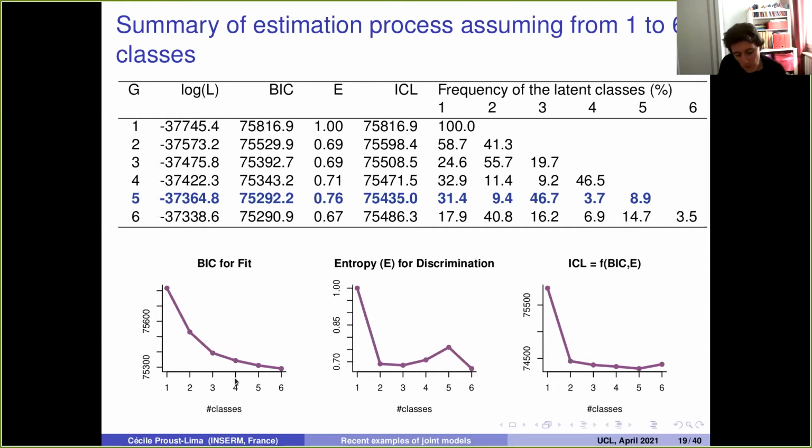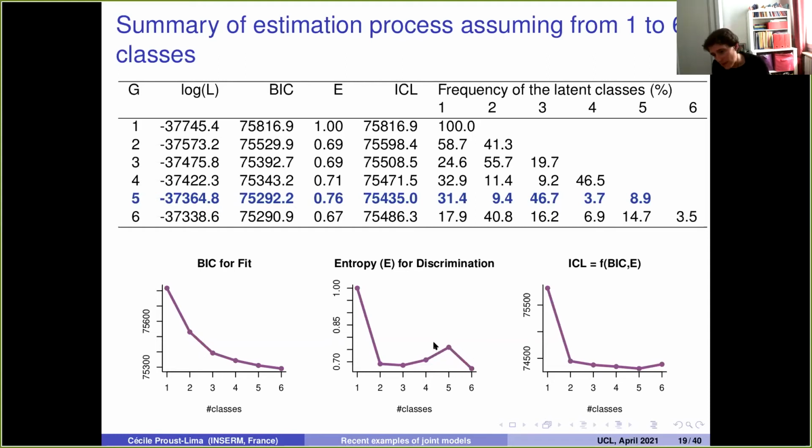But in our context, we were interested also in looking at subphenotypes. So we wanted to have classes that could discriminate the data very well, very clearly defined latent classes. And so the fit was not the only thing that we were interested in. We were interested in the entropy, the discriminative power of our model, to be able to really have a latent class structure that was interesting.